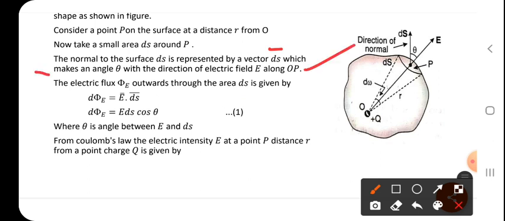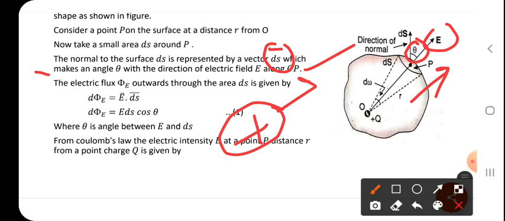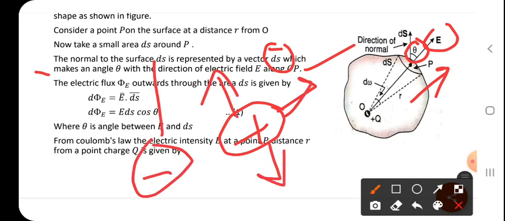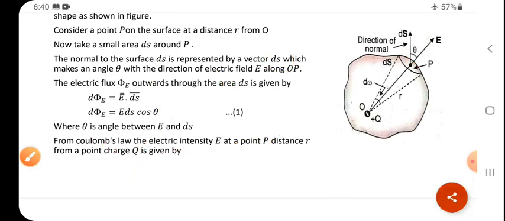So dS makes theta angle with E, which is always outwards. Already we know plus charges have outward electric lines of force, and minus charges have inward electric lines of force, right?